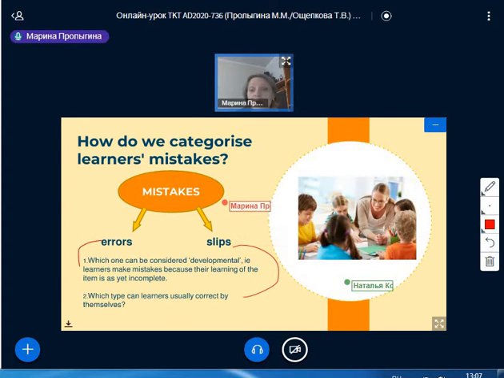For example, when our students are not so accurate and they know the rule, but sometimes they can think about the slip and then correct it themselves. So errors happen because students do not know the material very well yet, and slips happen because they know how to use it, but it is a sort of accidental thing.